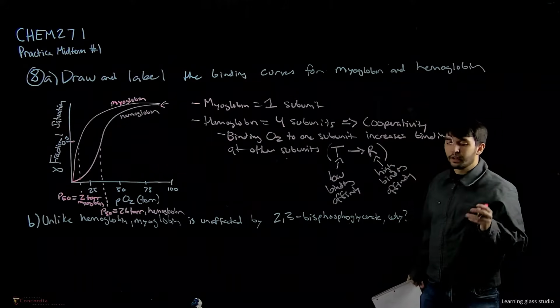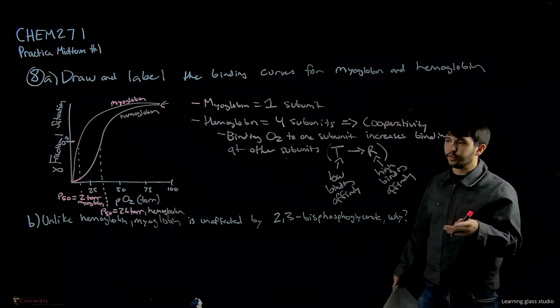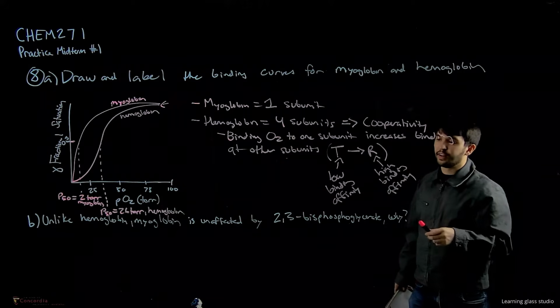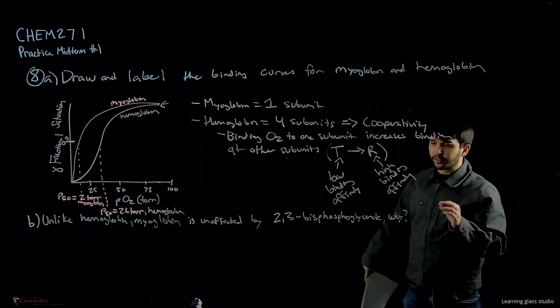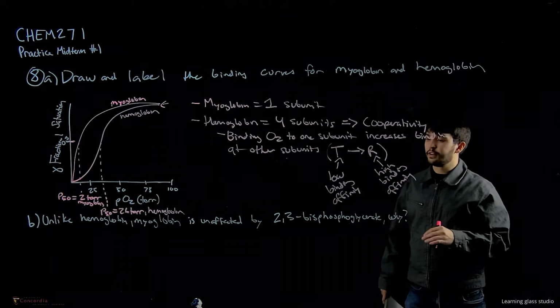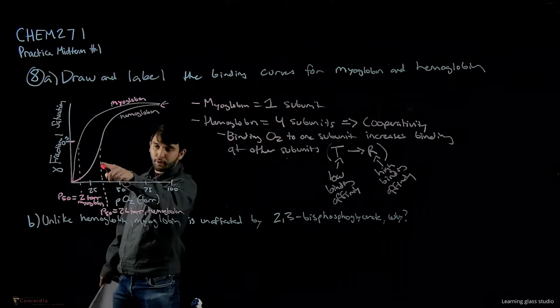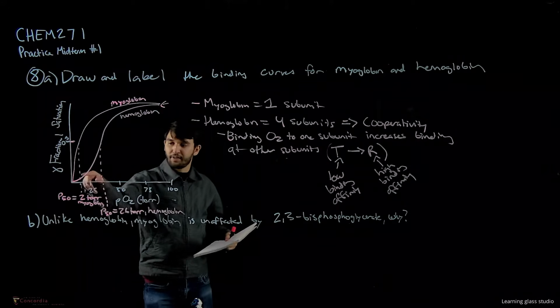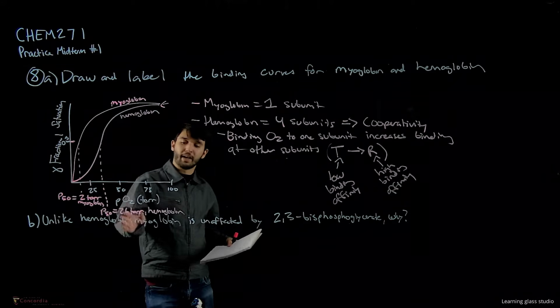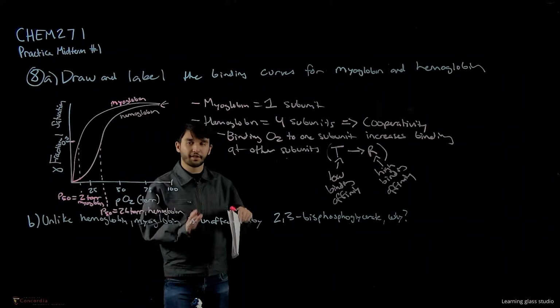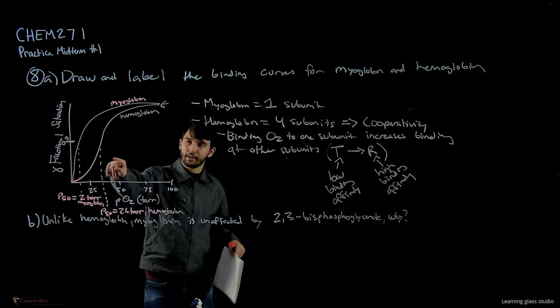So essentially, as more oxygen binds to these hemoglobin subunits, it's transitioning from a T state to an R state. So when there's no oxygen bound, it has a low binding affinity for oxygen, which is why the curve slowly starts to pick up over here. It has a low binding affinity at the start, but then as more oxygen binds, as the partial pressure increases, it starts to transition to this R state, which has a higher binding affinity for oxygen.